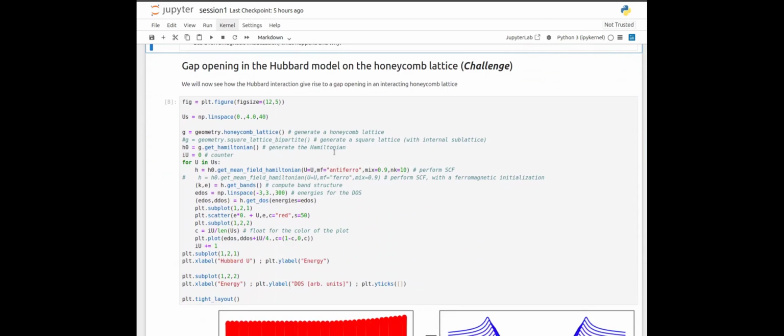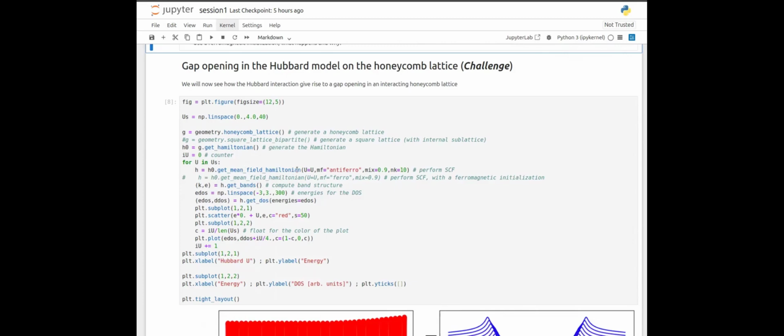So we are now going to study a two-dimensional system instead of a one-dimensional one. The only difference is that we are going to change the geometry. So now we are going to use a two-dimensional honeycomb lattice, we are going to generate the Hamiltonian, and we are going to look at the spectra and the density of states as a function of the Hubbard interaction.